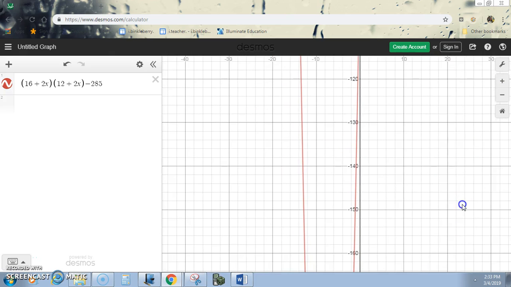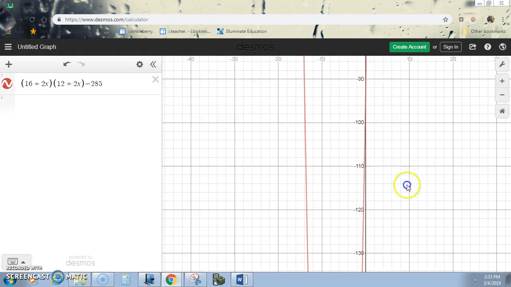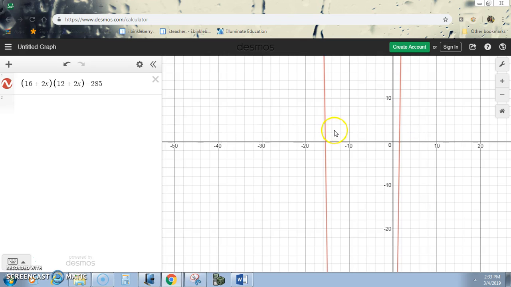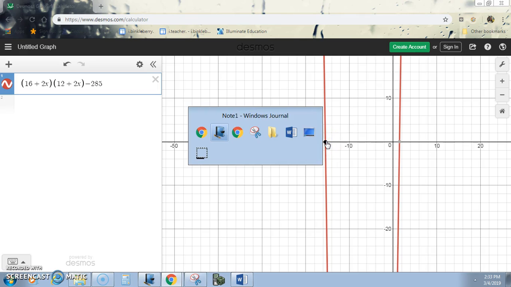What I really need to know, my solutions, or the x values, are going to be here and here, right? So I have two x values. This parabola crosses the x-axis twice, once at 1.5 comma 0 and once at -15.5 comma 0.